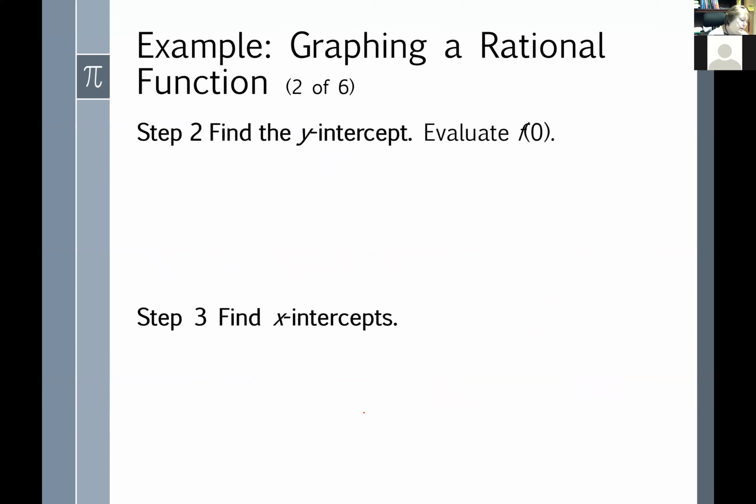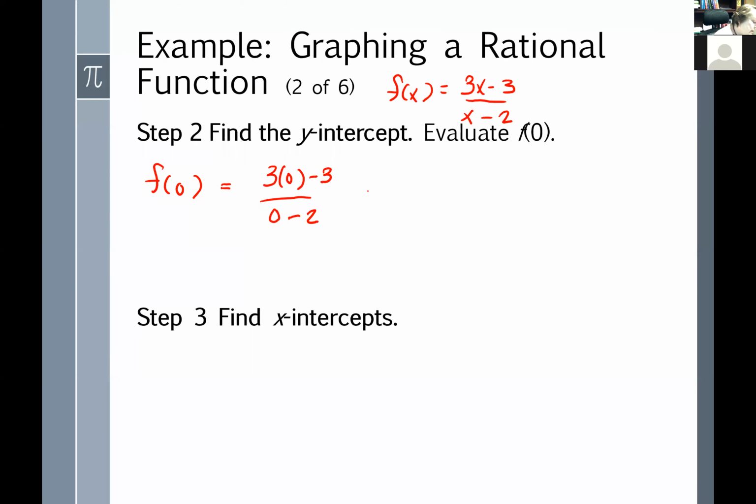Okay, find the y-intercept by evaluating the function at 0. So our function was f of x equals (3x minus 3) over (x minus 2). So we're going to evaluate this at 0. So that's negative 3 over negative 2, which is 3/2.